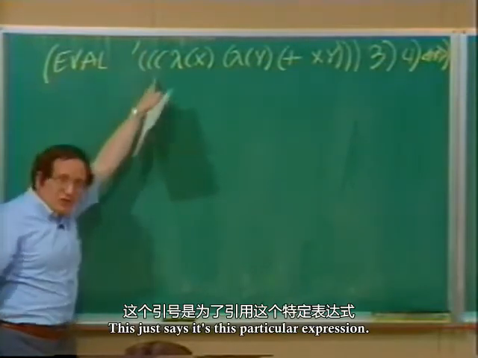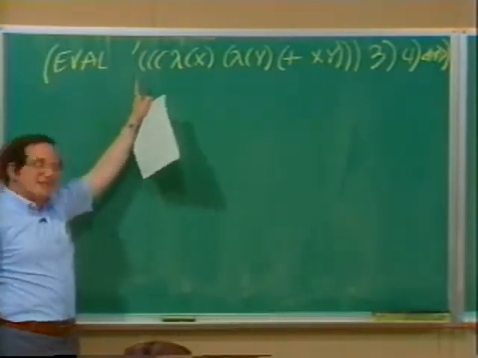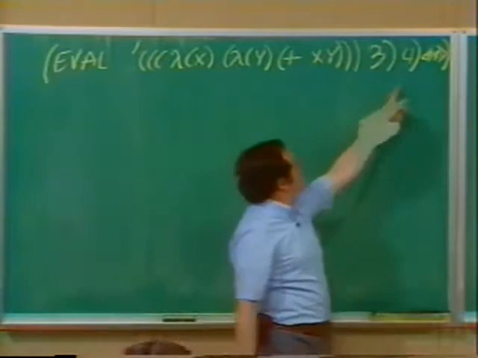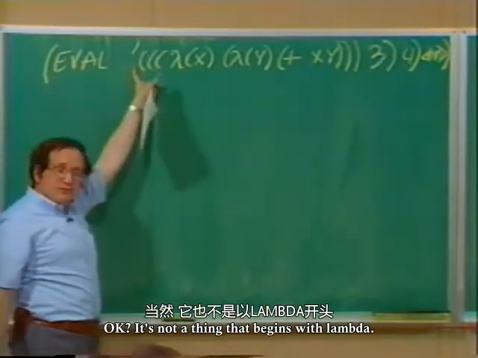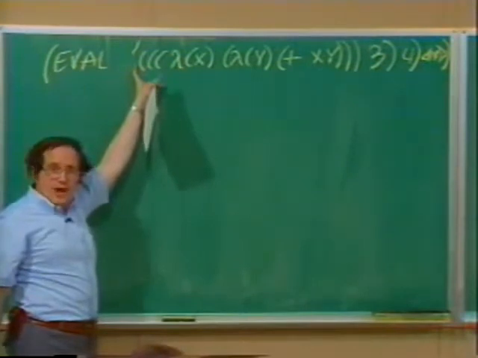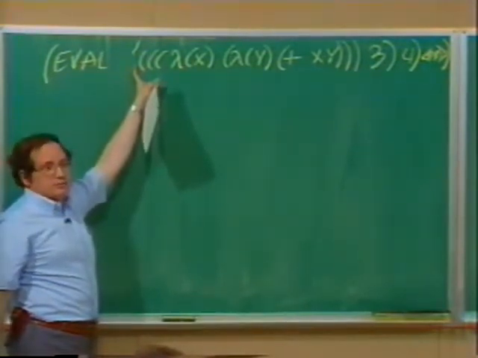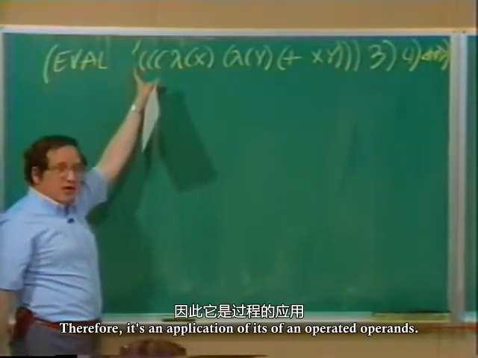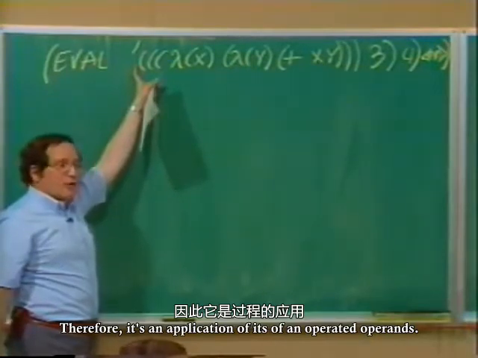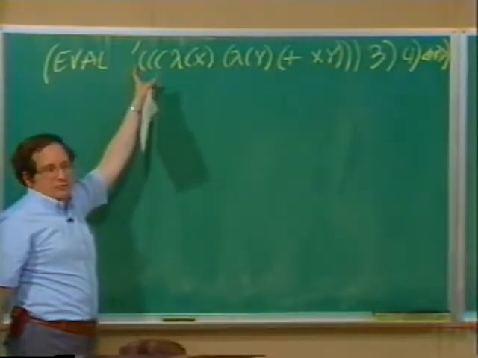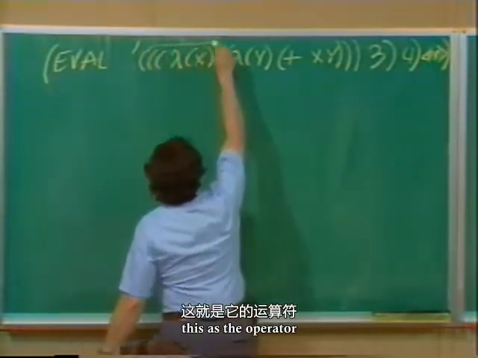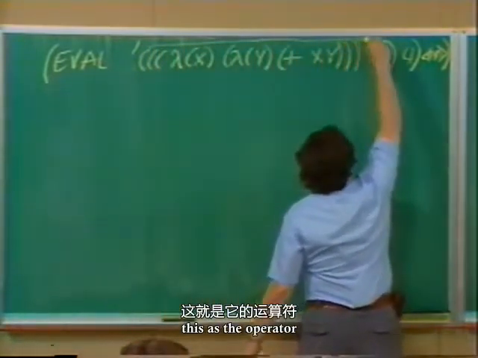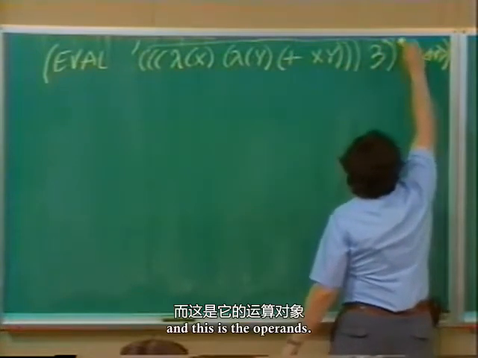This just says it's this particular expression. This is not a quoted expression. Okay? It's not a thing that begins with lambda. It's not a thing that begins with cond. Therefore, it's an application of an operator to operands. It's a combination. The combination thus has this as the operator, and this is the operands.